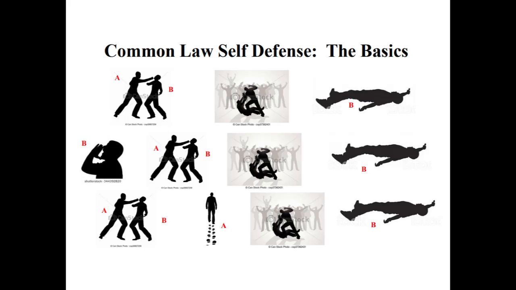When a defender provokes a conflict or is an aggressor, he may not claim self-defense. As the court states, when the defendant self-generates the necessity to kill or use deadly force, he cannot benefit from a self-defense claim. He forfeits his right to the claim, assuming it existed. The rationale for the rule is grounded in necessity.